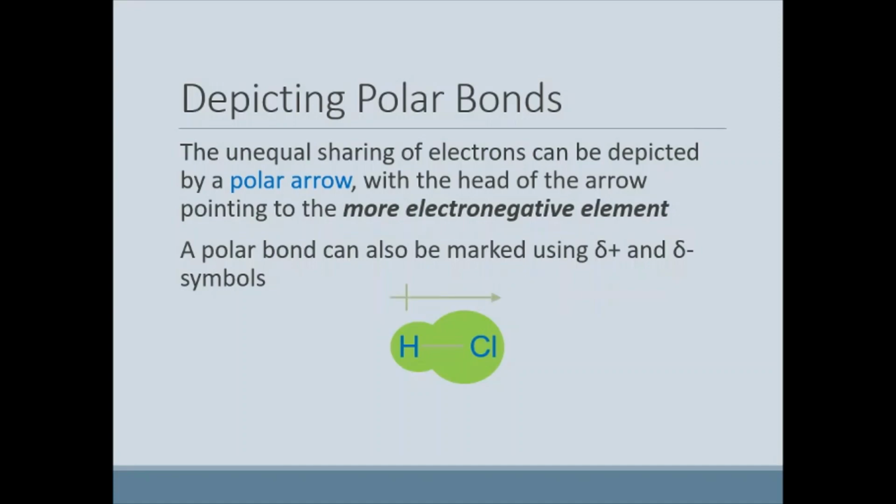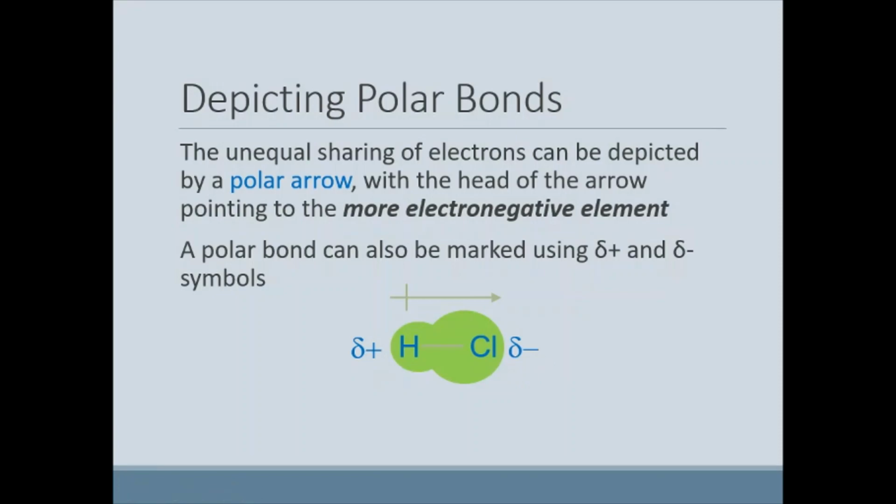Your cross will always be wherever your positive charge is going to be, and the arrow is going to be pointing towards the more electronegative atom. Or, you can refer to these as partial positive and partial negative in order to illustrate the fact that chlorine is being greedy and stealing some of hydrogen's electron. Because some of the electron is being stolen from hydrogen, it's going to be partially positive and partially negative.